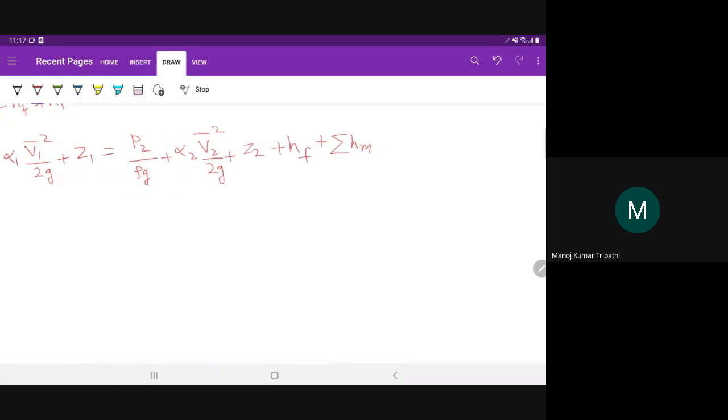And then we want to write this H pump also. So where will it be added, this H pump? On the right hand side or the left hand side? Can you please write in the chat?